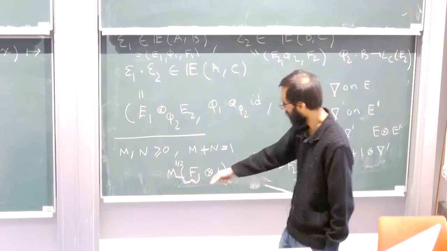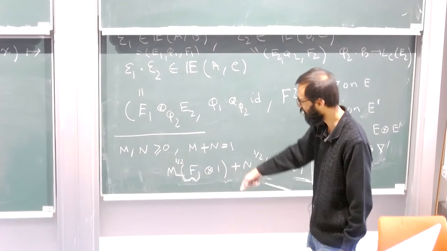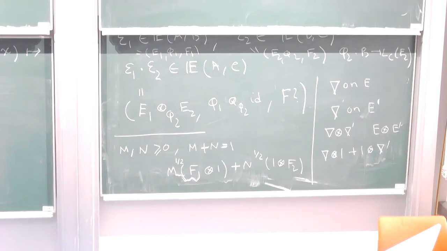Then Kasparov came and proved that these exist for arbitrary C star algebras, and that is what the technical theorem says. So I'll just state the technical theorem for Hilbert modules.